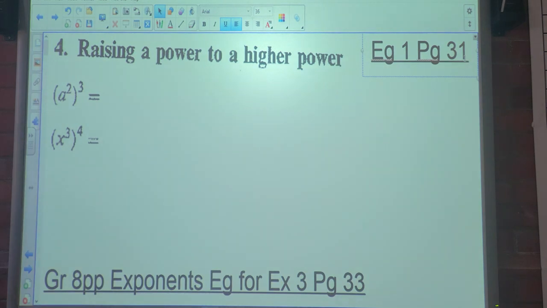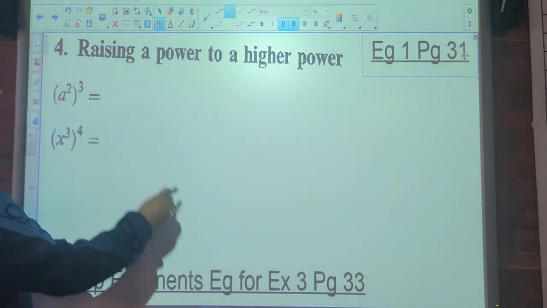We've got a squared raised to the exponent 3. What does that actually mean to us?